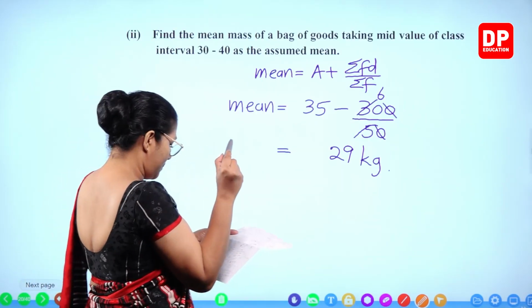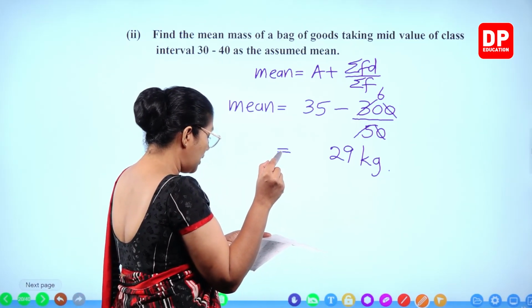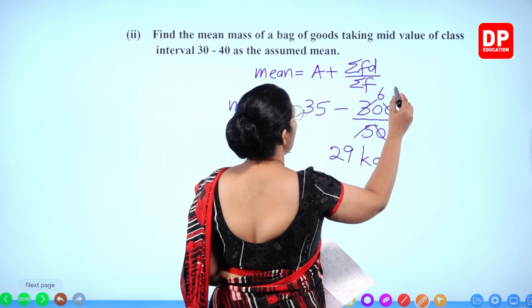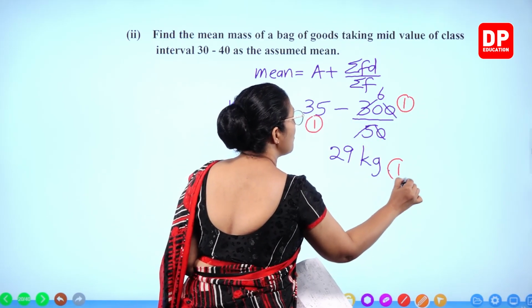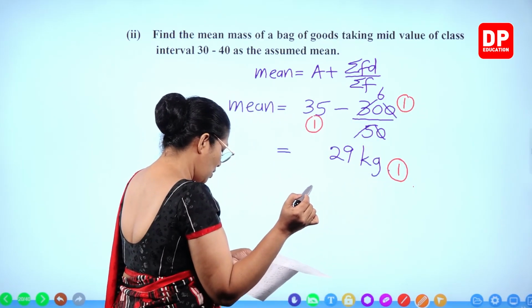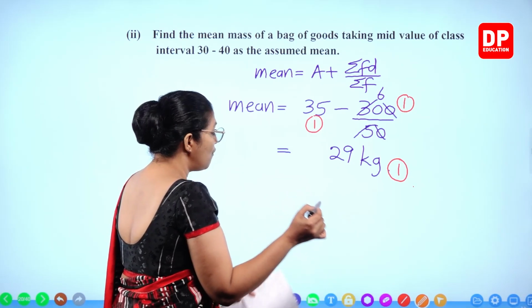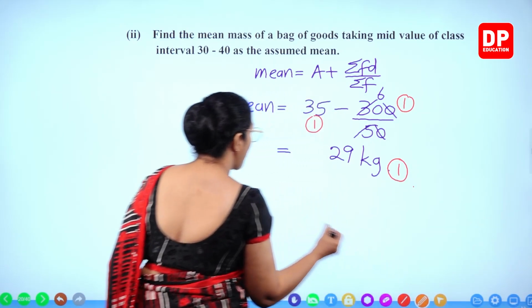Then three marks for these calculations. So 1 mark here, and 1 mark, and 1 mark for the final answer. So 3 marks. Then you get the fourth part, next part, the third part.